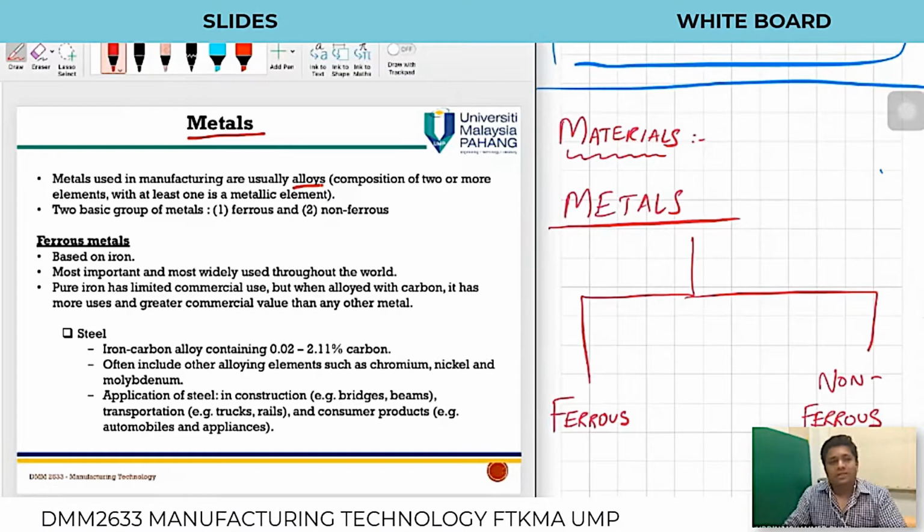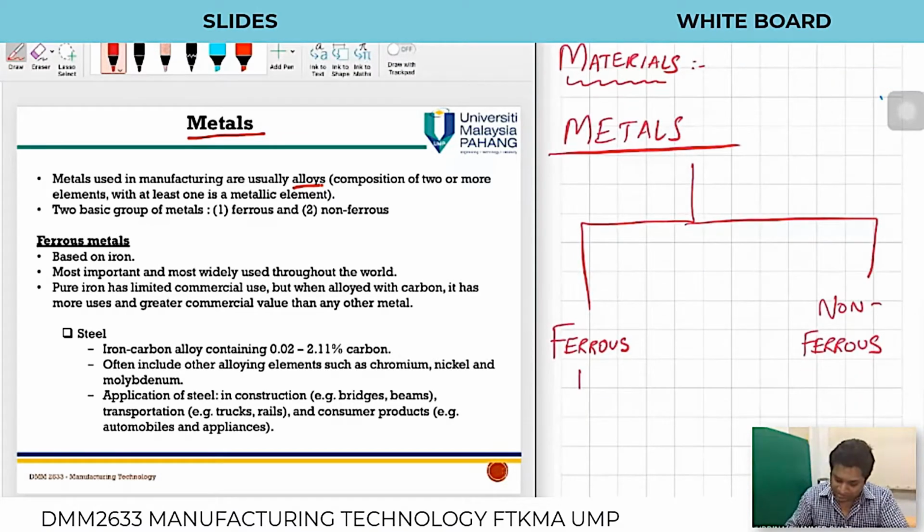Okay. So when we talk about ferrous material, then we have iron, Fe. And when we talk about non-ferrous metals, then we have got copper, Cu. What else? We have got lead, Pb. We have got tin, Sb.